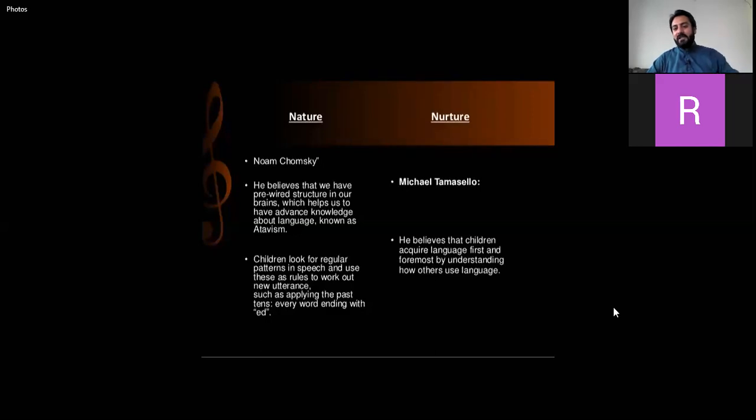But on the other hand, Michael Tomasello believes that children acquire language first and foremost by understanding how others use language. You can also see that his point is very valid, because when a child starts speaking, he doesn't speak in the accurate way, but makes many mistakes.